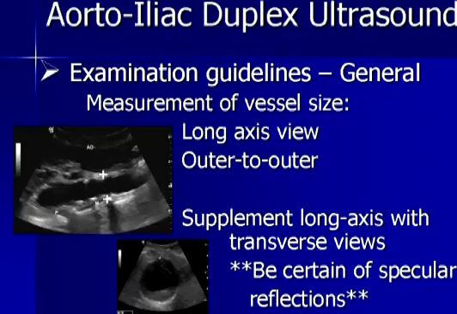You can certainly supplement the long axis view with transverse views, and this is highly recommended as well. The measurement in the AP direction from a transverse and a long axis view should be the same. You assure that by making sure in the transverse view that you have very good, strong specular reflections off the walls, because this tells you that you have a good 90-degree incidence with your ultrasound beam and you're getting good, strong specular reflections back.